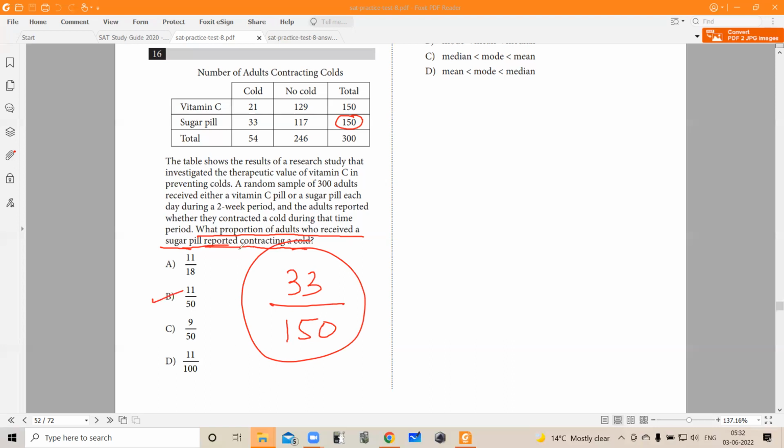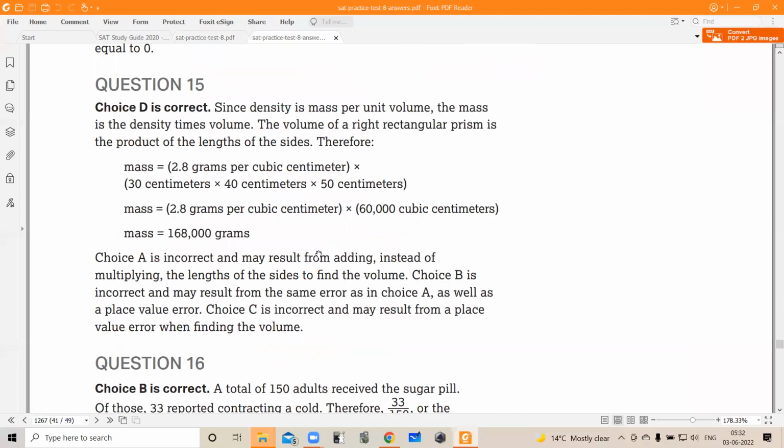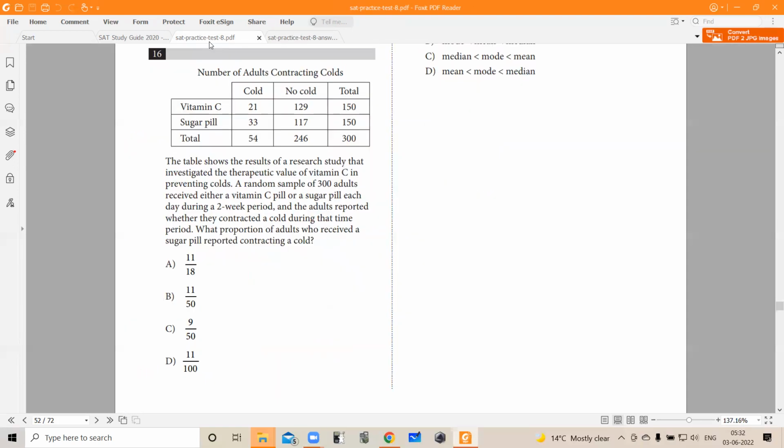Right. So the proportion of adults who received a sugar pill is 150, and out of them, how many reported cold? 33. So that's 33 over 150, 11 over 50. So that was B.